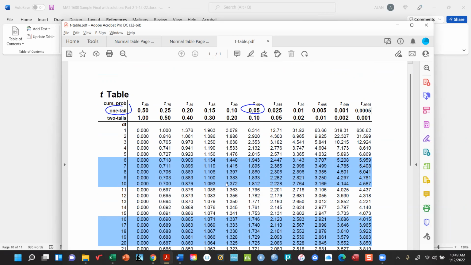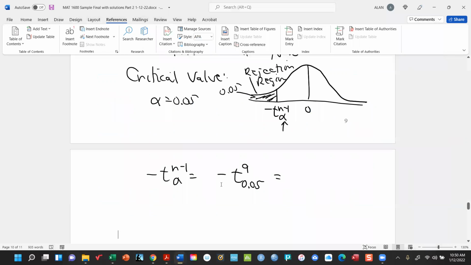And 9 degrees of freedom brings us to 1.833. But remember, it's negative because we're looking at the left tail. So it's a left tail test. This table, by the way, will not have any negatives in it. It doesn't need them because it's understood that the symmetry will tell us what number we need if it's negative. So we have negative 1.833.